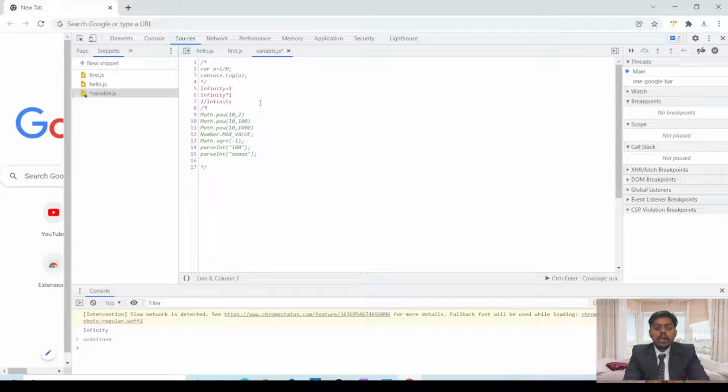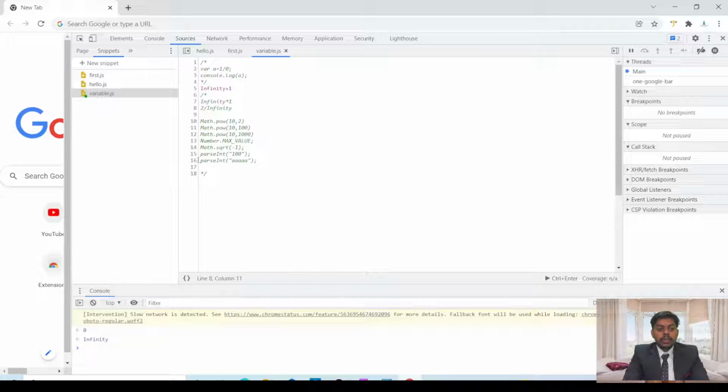First we are going to hard refresh. For that, press Ctrl plus R, and now to run it, hit Ctrl plus Enter. So you can see that Infinity plus 1 is going to get Infinity, right?